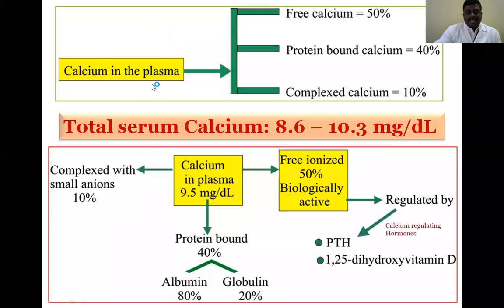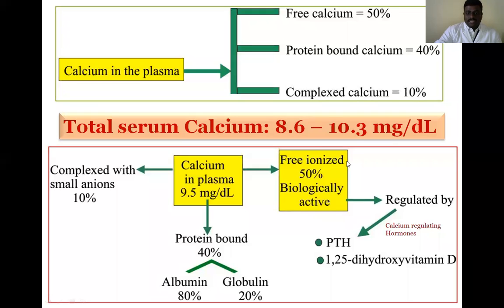So here, calcium in plasma: free ionized calcium is 50%. The remaining 50% is protein bound, which is 40%, and 10% is complexed calcium. So 50% is free calcium, 40% is protein bound calcium, and 10% is complexed calcium.